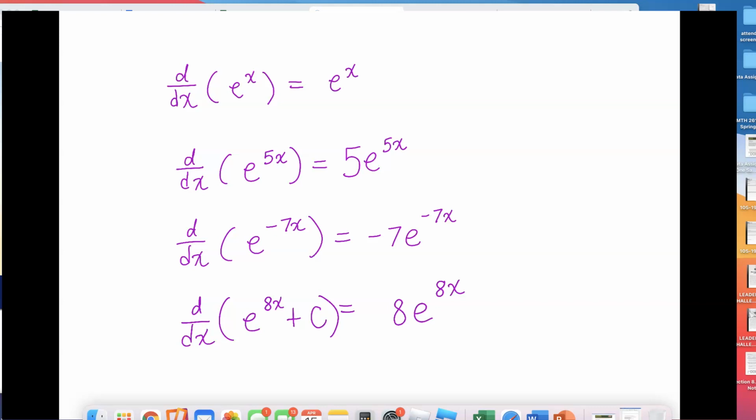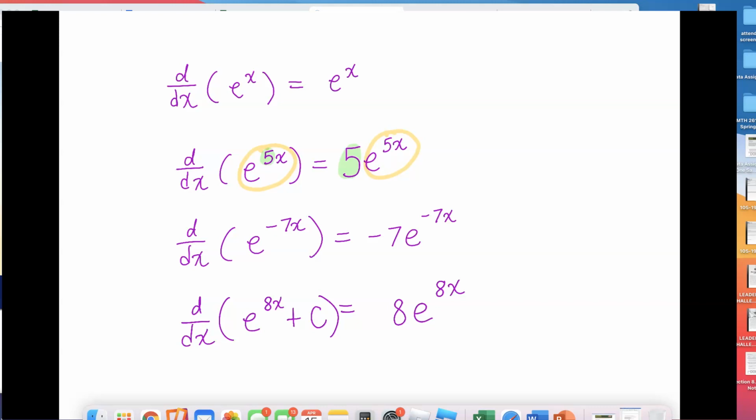The rule is first talking about the derivative rule. We write down that exact same function expression, and then we multiply by the coefficient of the exponent, right? If it was 5x, I multiply by 5. So what we have to do is go the opposite way. What's the opposite of multiplying? Dividing.